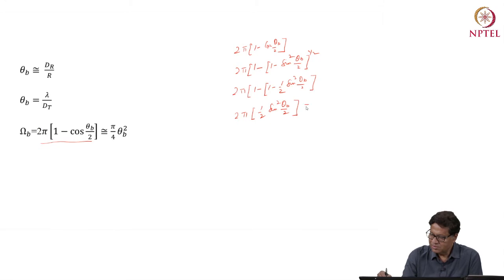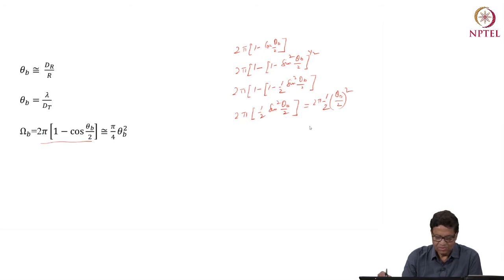Again, I invoke the same thing, that theta b is small, so this will become 1 by 2 pi into theta b over 2 whole square. Sin theta is equal to theta, and theta b is small.